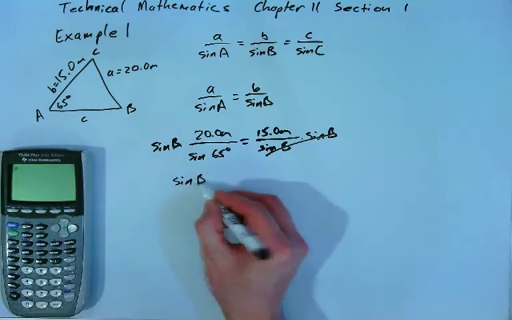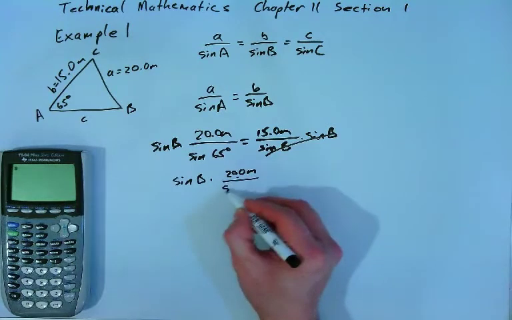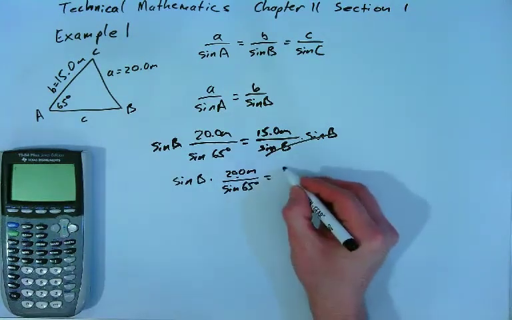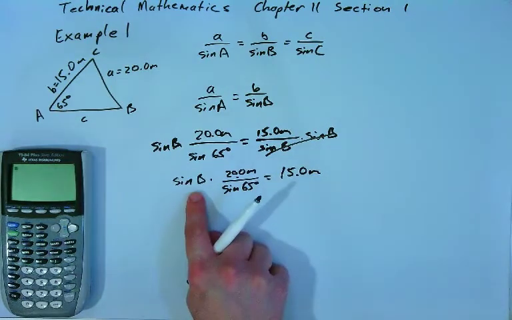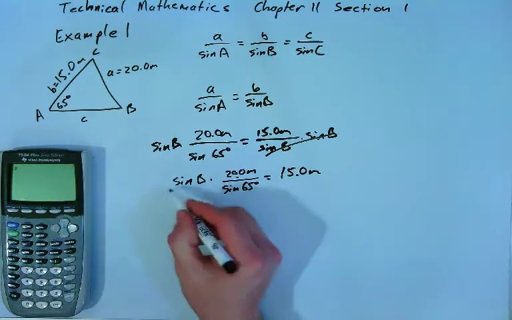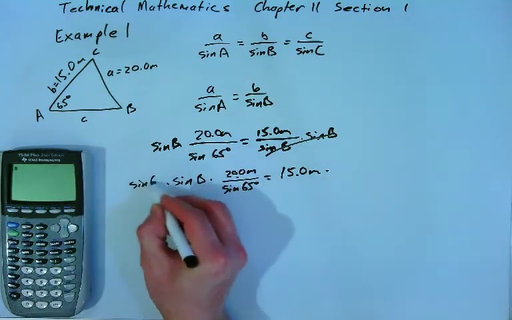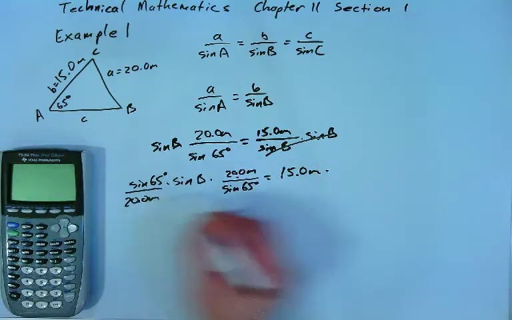We will have sine B times 20 meters over sine 65 is equal to 15 meters. And then we want to get the sine B by itself, so we'll multiply both sides by sine 65 over 20 meters.